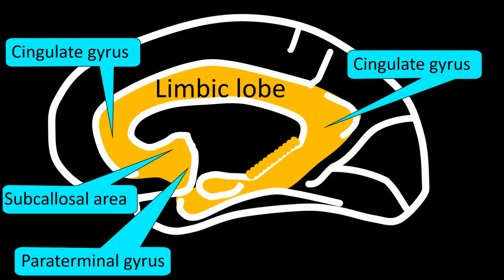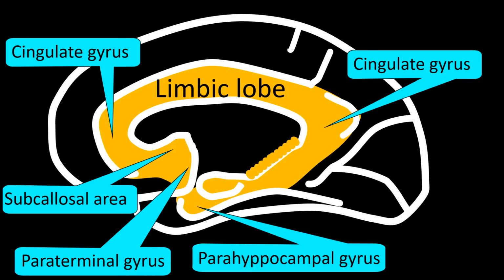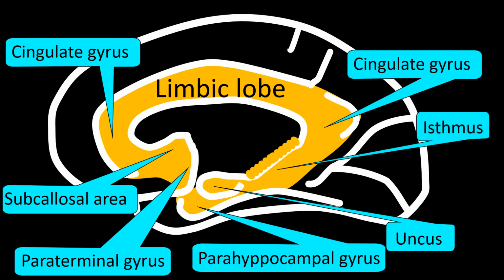A little behind it, we have the paraterminal gyrus, and in the temporal lobe, the parahippocampal gyrus. And a little above, in this view, we can see the uncus. Behind is the isthmus of the limbic system. What is interesting, but not unsuspected if we think of embryology in biological terms, is the arrangement by which these areas connect.